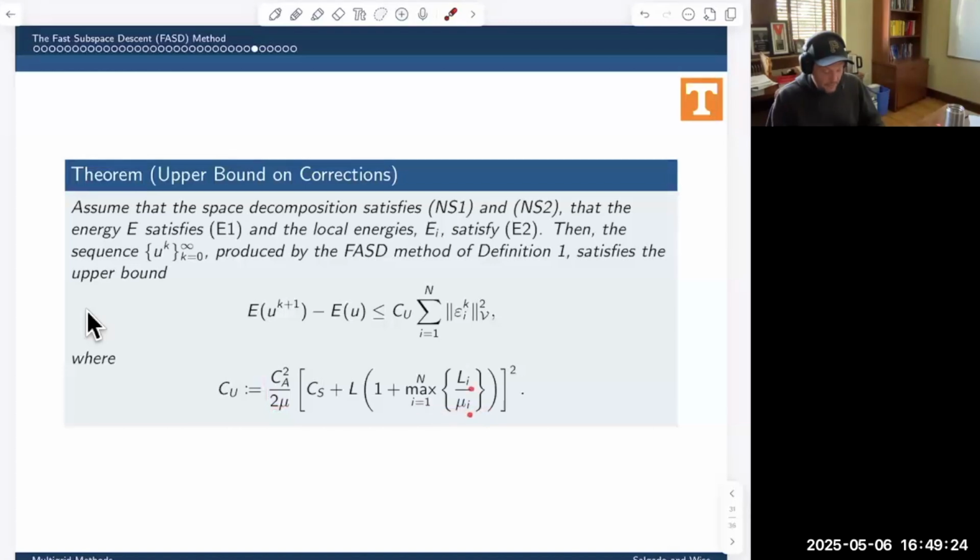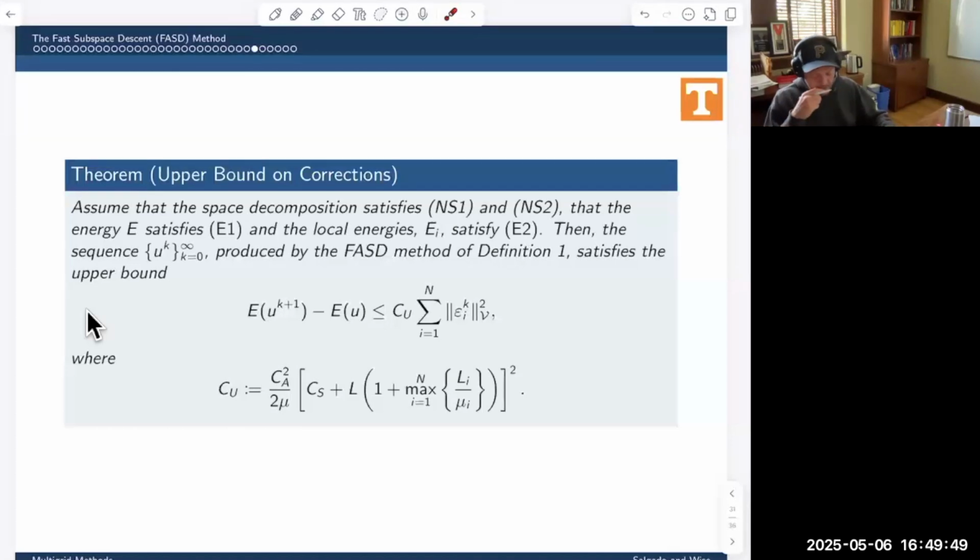The Li over the mu i's, and the Li's or the L itself could be large. So it's not the best bound in the world, but it still works, and you'll still get a contraction factor which is completely independent of n. The reason it's independent of n is because you're taking a maximum here. So that's all that really counts.